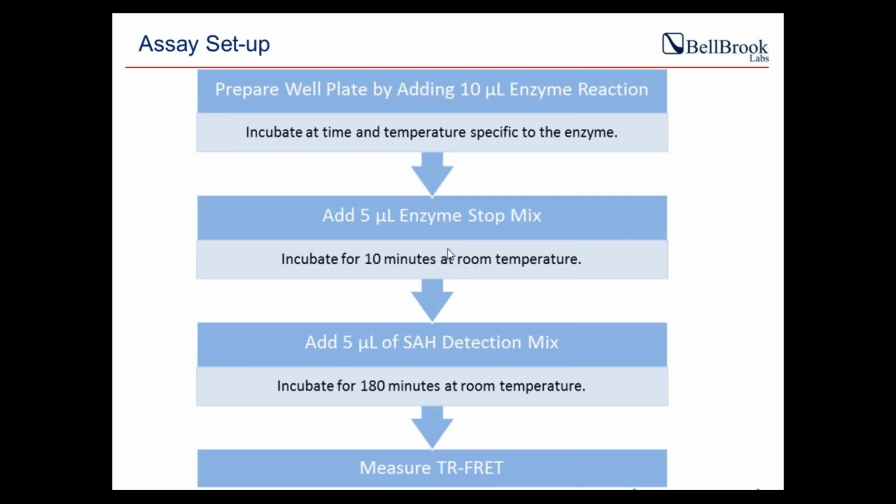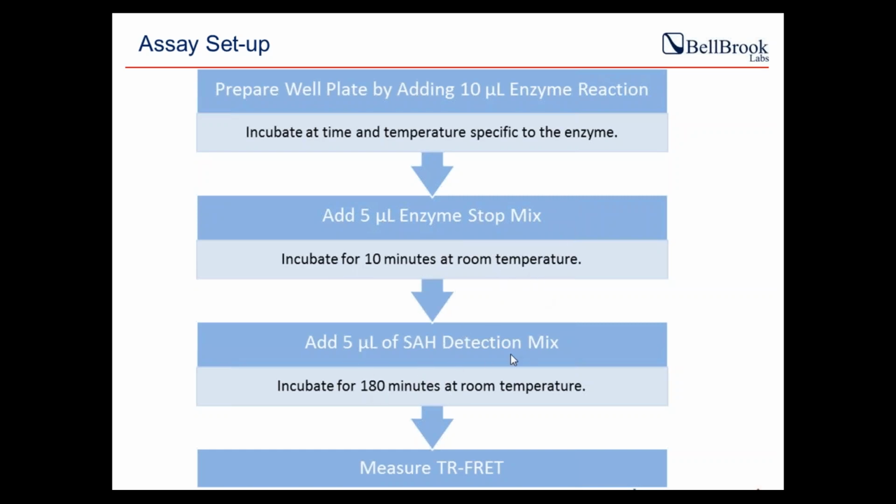You can even incubate longer just so it reaches room temperature. That's imperative, because we want the two pieces of RNA to come together and anneal, and the optimal annealing temperature for those two pieces when SAH is present is room temperature, between 23 and 26 degrees. So that's really important for good assay development.